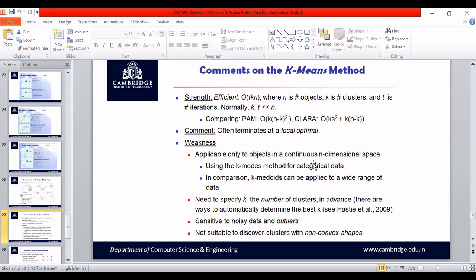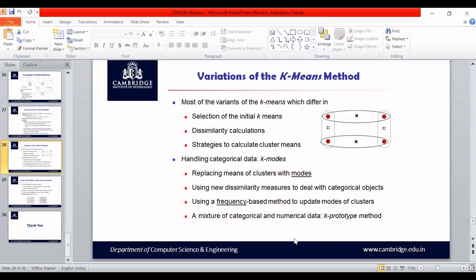In that case, you should be able to handle the noisy data, and that noisy data should not affect any of the clusters that you have found. And this is not suitable for a very huge or three-dimensional data. Usually k-means is applied for two-dimensional data.